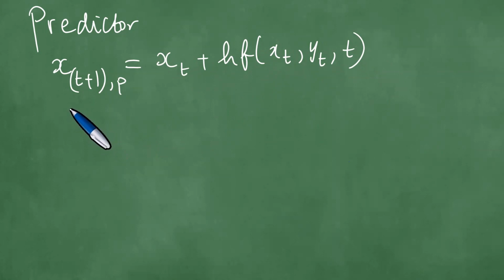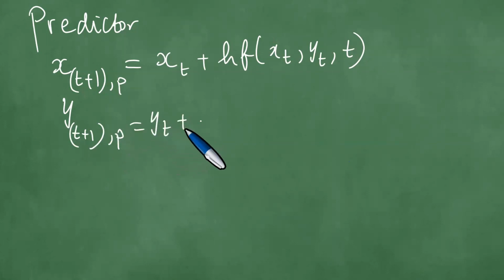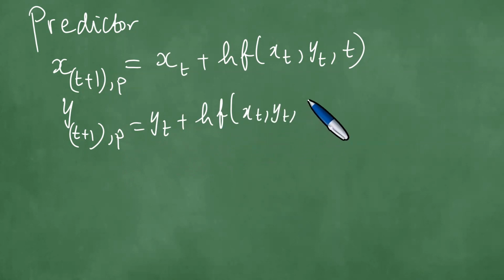Also this has two differential equations, so there's x and y. So y at t plus 1 is yt plus h g of xt, yt, then t.